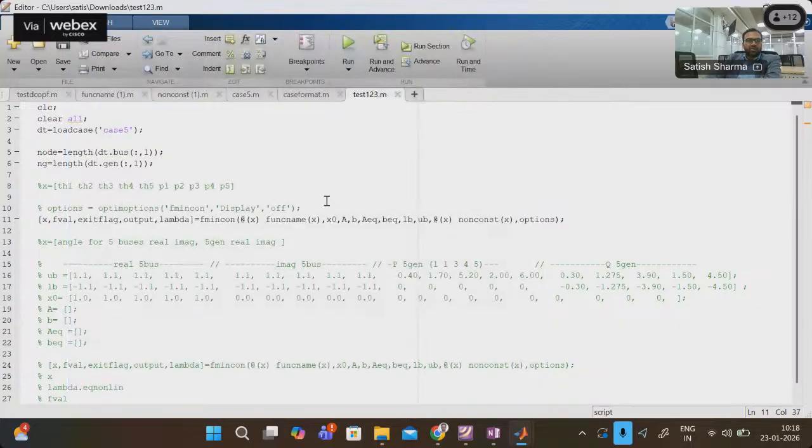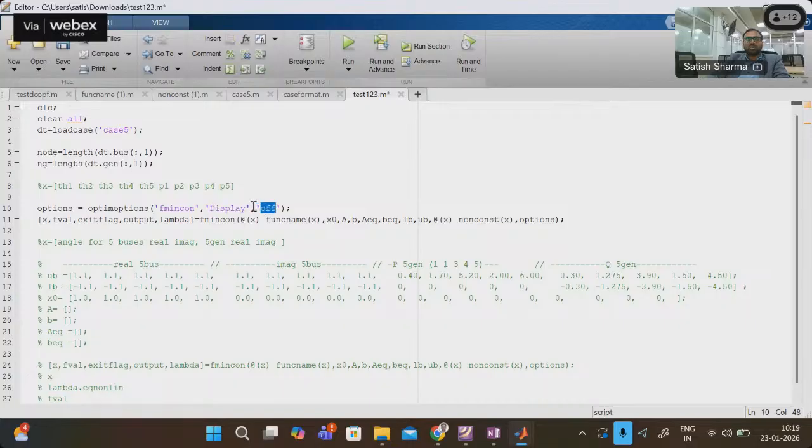I have provided some options, which you set with the optimoptions function. This is a MATLAB predefined function where I'm providing some options, like display for fmincon.